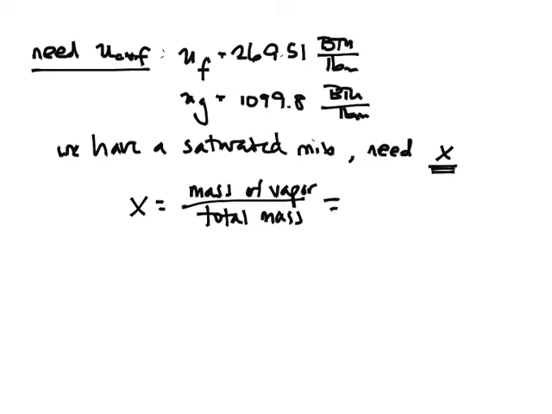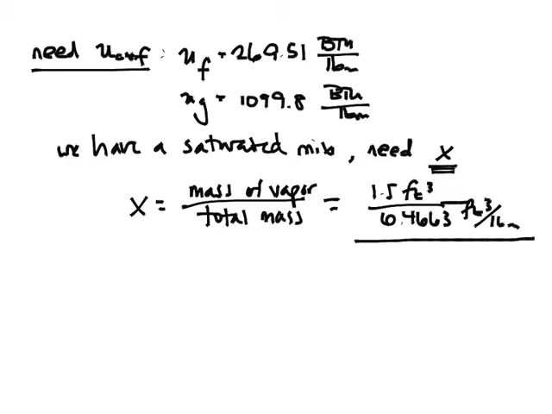So the mass of the vapor is our 1.5 cubic feet over 6.4663 cubic feet per pound mass. We just calculated that to find the total mass of the tank. That's the vapor portion. And then we're going to divide that by the total mass at the end, which is 86.2 pound mass. And so what we get is a very small quality of 0.003.